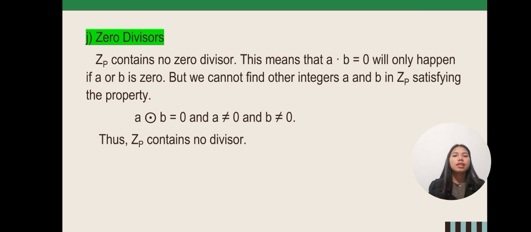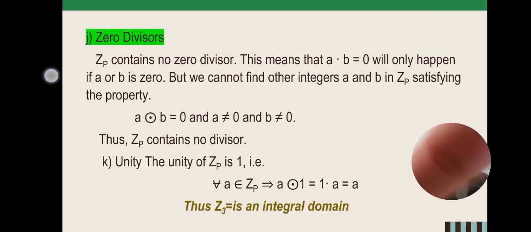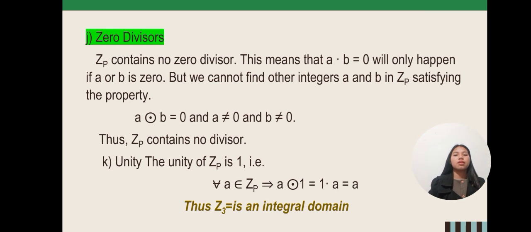Thus, Z sub p contains no zero divisor. Okay, unity. The unity of Z sub p is 1. For all a that is an element of Z sub p, a Hadamard product 1 equals 1 times a equals a. Thus, Z sub 3 is an integral domain.